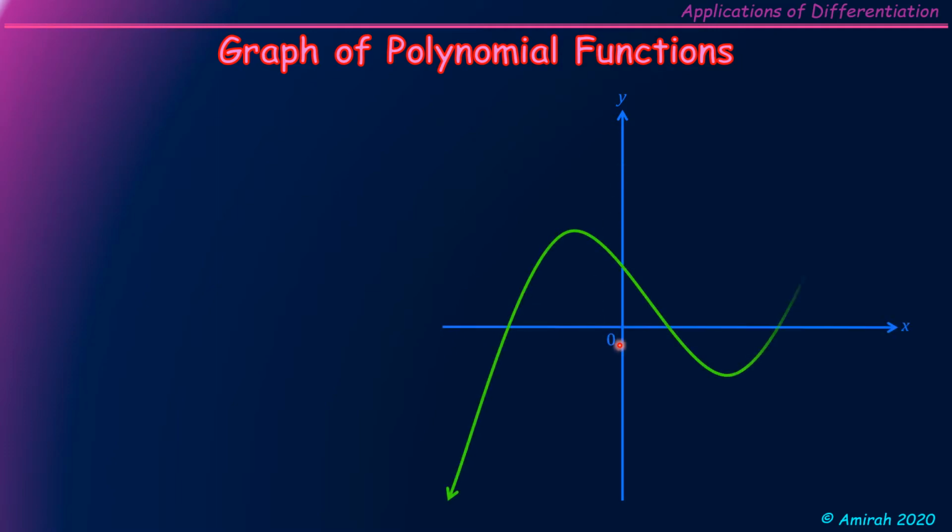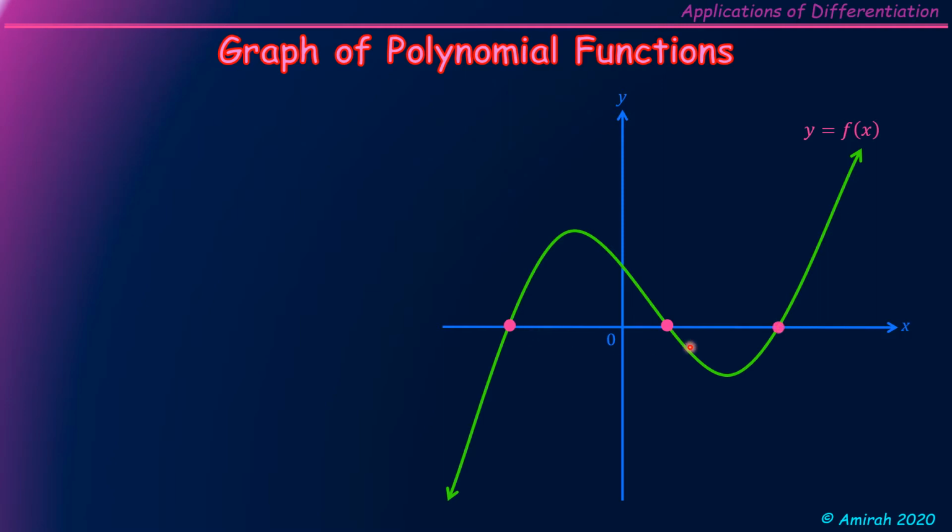To understand the graph of polynomial function with degree 3 and 4, let me look at this graph. We have y-axis, x-axis, and origin. And then let's say we have this curve y equals f(x).